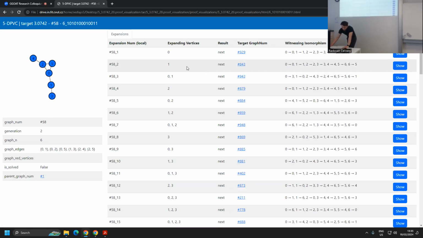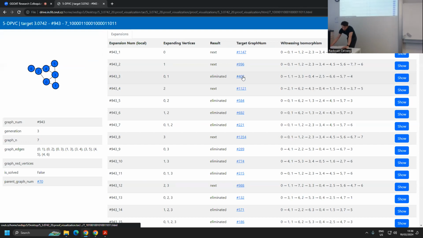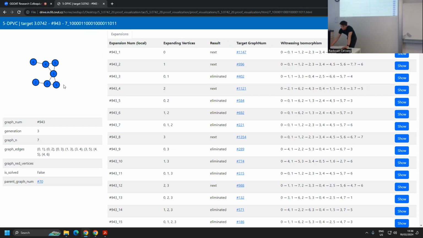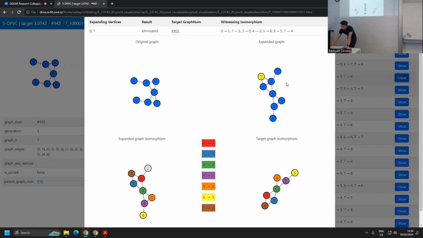You can follow the expansions until you arrive at, for example, this. This still needs to be expanded, but if I try to expand vertices 0 and 1, it says that it was eliminated. What does it mean? It means that we already at that time had some branching rule that would apply in this case if we expanded vertices 0 and 1.